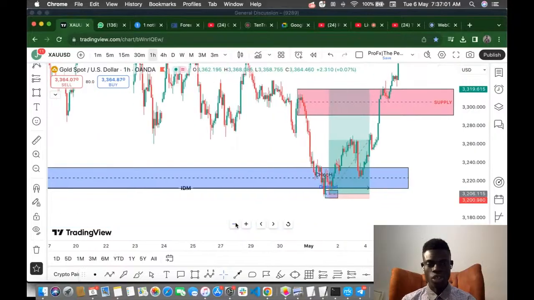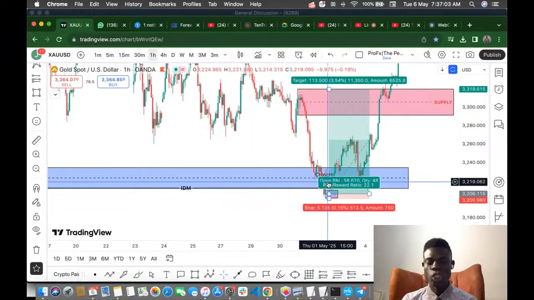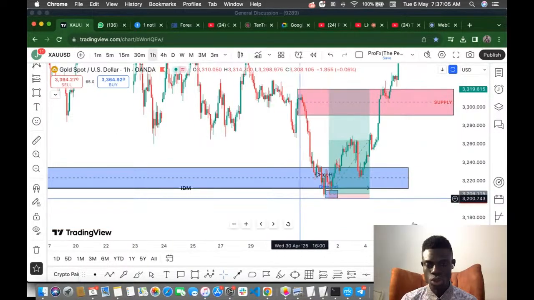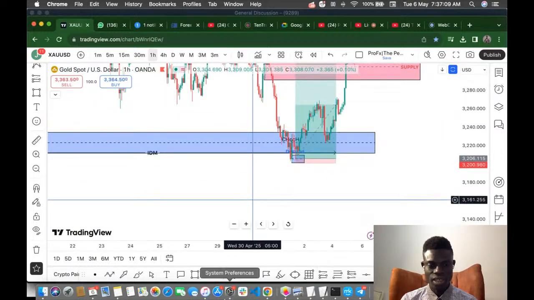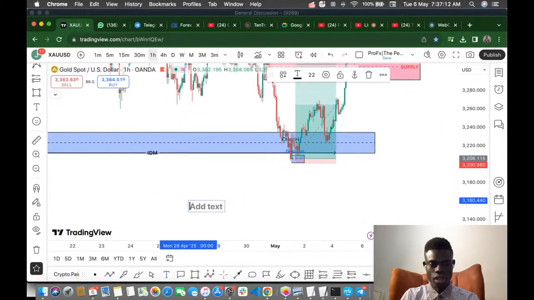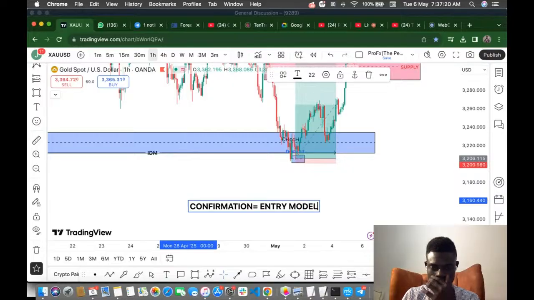And like I always say, your change of character has to be happening on your what location. So your confirmation entry model that we have under DLC must happen on a location.